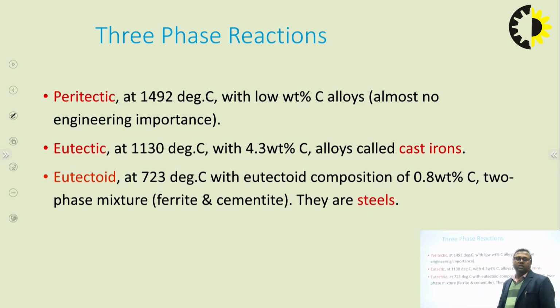Eutectoid reactions occur at 723 degrees centigrade, at the eutectoid composition of 0.8% carbon. Two phases are seen, ferrite and cementite. This is known as steel. So you can remember eutectic with cast iron and eutectoid with steel.